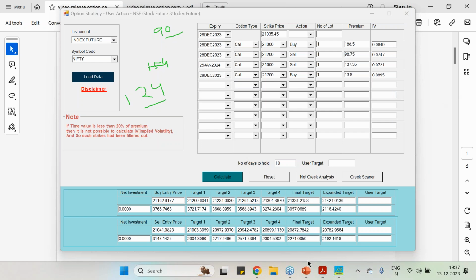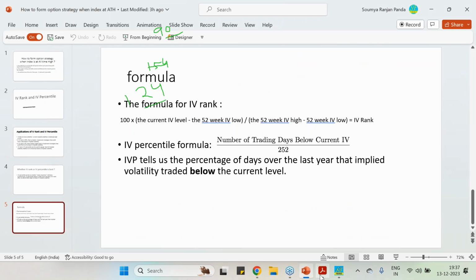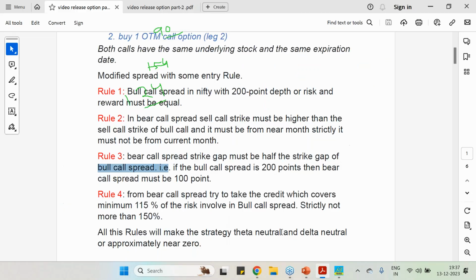What does the rule say? I should not get less than 100%. I should get a minimum of 115%, maximum of 150%. If my risk is 90 or 100, I should get a minimum of 115, maximum of 150 credit. These things I should take.